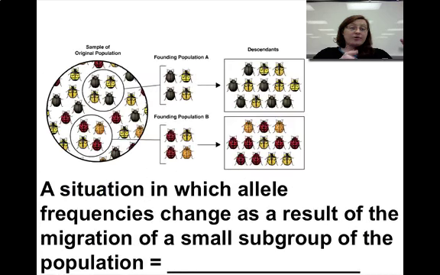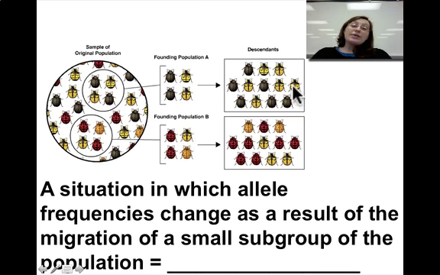Let's say we have an original population, and two groups decide to go off and journey on their own. They're going to found their own populations. It just so happened that of this entire population, the two that start population A are of the dark and the yellow dotted variety, and the ones that start population B are of the red dotted and the yellow dotted variety.